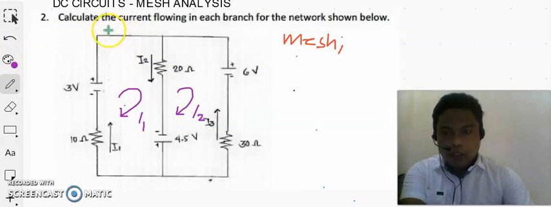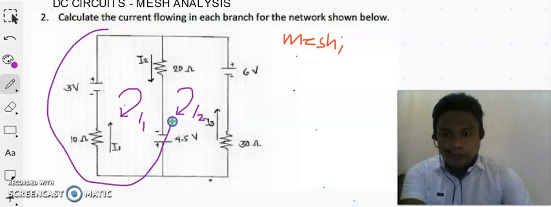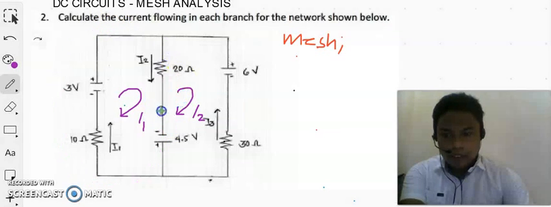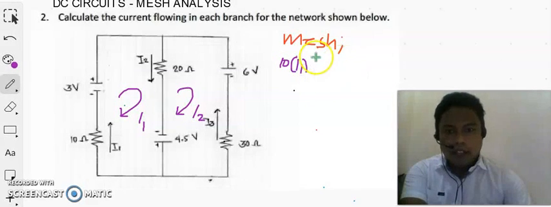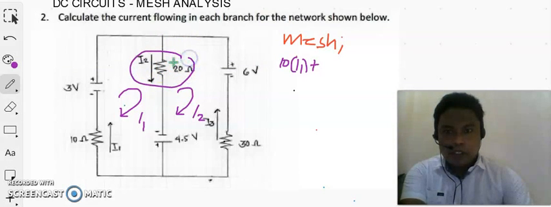So for now, we're going to solve for the mesh equations. Now we're going to focus on loop 1. For the 10 ohms resistor, the current flowing is I1. So this is 10 multiplied by I1, plus the current flowing through the 20 ohms resistor, which is I1 minus I2.